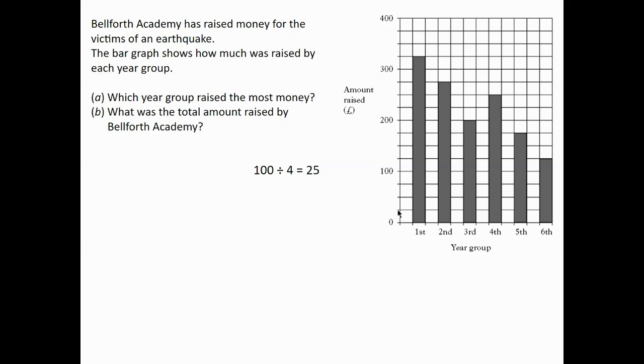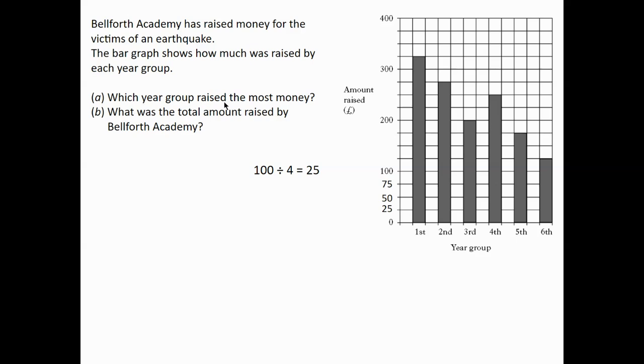So that tells us that each square is 25 more going up the way. So this one would be £25, this would be £50, this would be £75, and so on. 100, you don't need to mark them all in, but if it helps, you can do 100, 125, 150, 175, 200, and so on. So now we're ready to answer the first question.